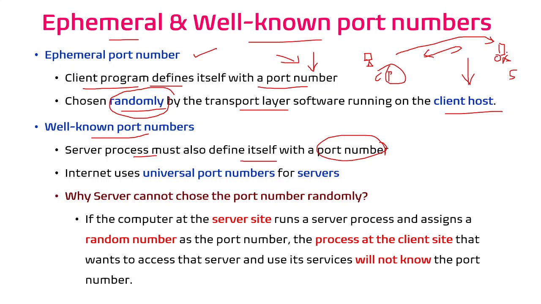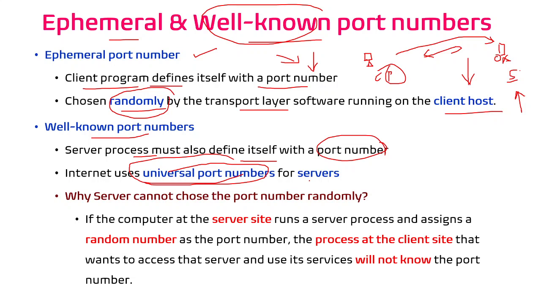A process which is opening here at the server side should also define itself with a port number. Internet uses a universal port number for the server, right? Please make a note. If any process is opening a port number at the server side, then that port number is actually a well-known port number, or universal port number, okay?